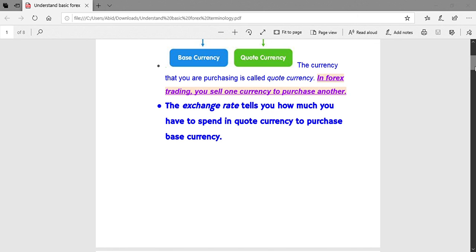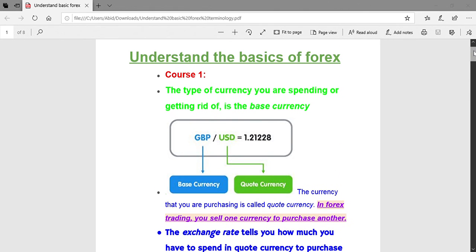When we trade forex, we trade against the base currency. We buy the quote currency against the base currency. This is called the exchange rate. If you pay this amount, you can hold 1 GBP. Or if you release this GBP, you can get this many dollars.